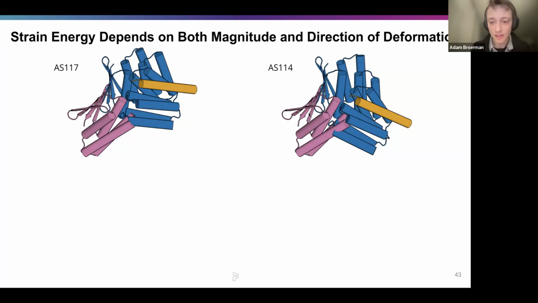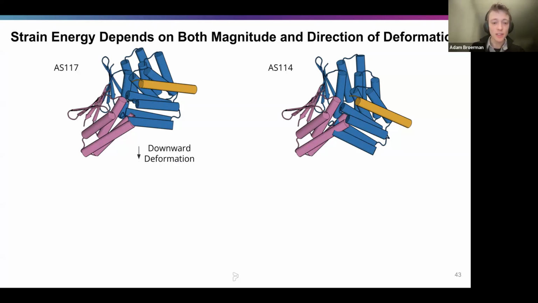And this design is the one that had the largest predicted deformation in response to binding the effector. So it was already curious that those weren't the same. This design, despite having about half the size of the deformation as this one, was like 40-fold faster.